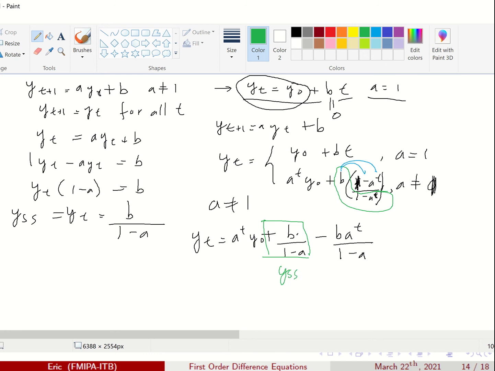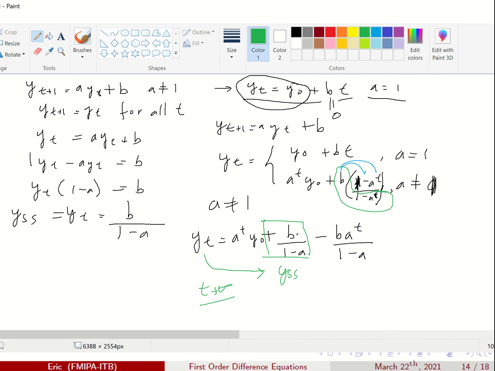The question is, in the long run, when t goes to infinity, can my solution go to the steady state solution? We usually say, can yt converge to yss as t goes to infinity? And the answer is yes.